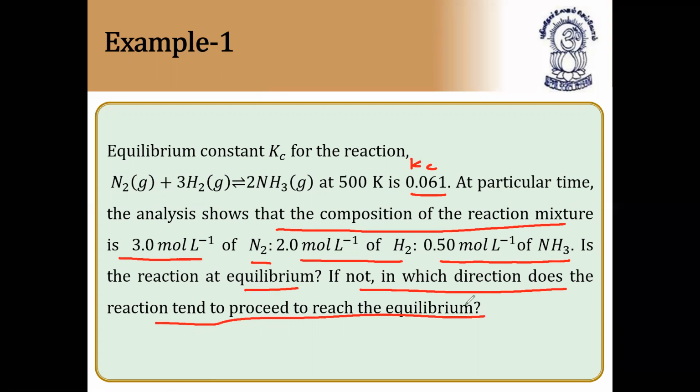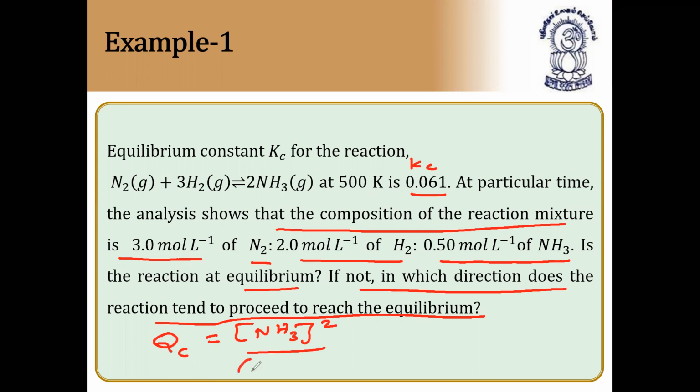So for this case, we need to calculate Q. Qc is equal to the concentration of ammonia whole square, divided by the concentration of nitrogen into the concentration of hydrogen whole cube. We have to compare the value of Q with Kc.